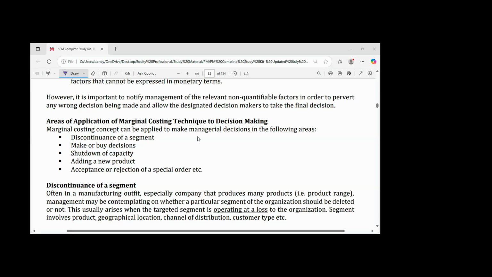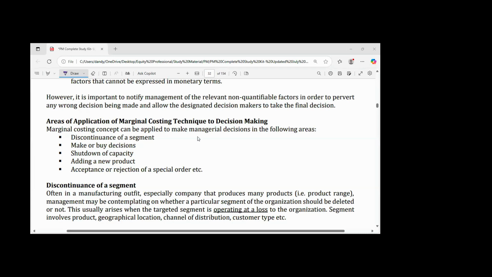managerial decision. Now, our focus in this class will be on deleting of a segment, make or buy, and then acceptance or rejection of a special order. Every other item in those 9 items, we are going to do separately, individually, as we proceed during the course of these diets.